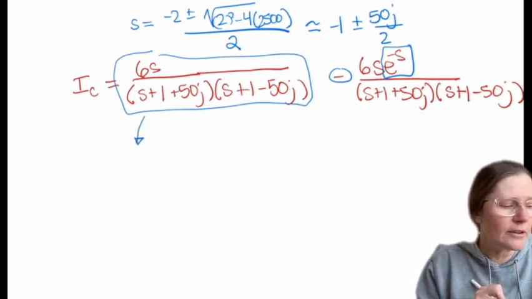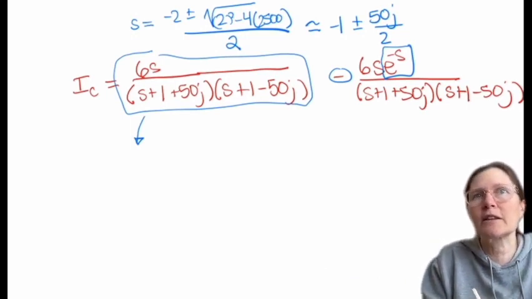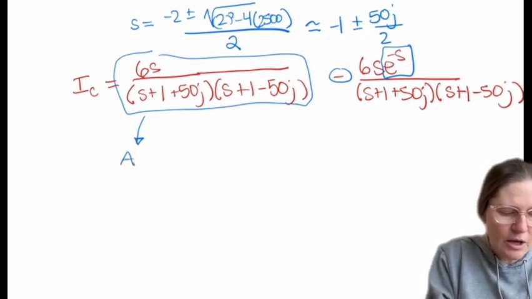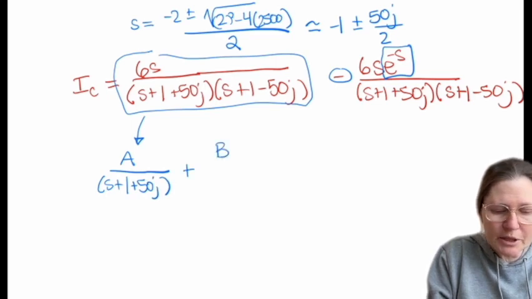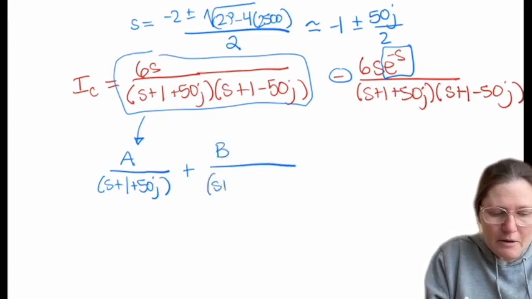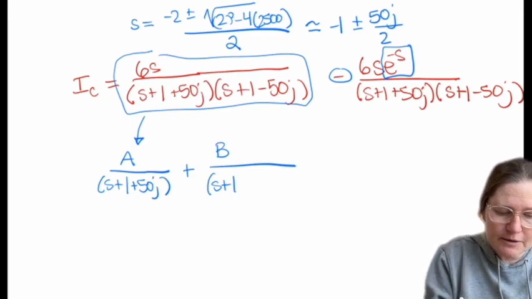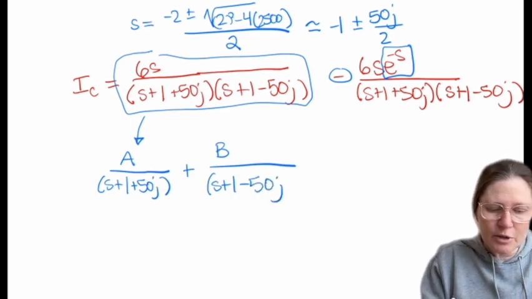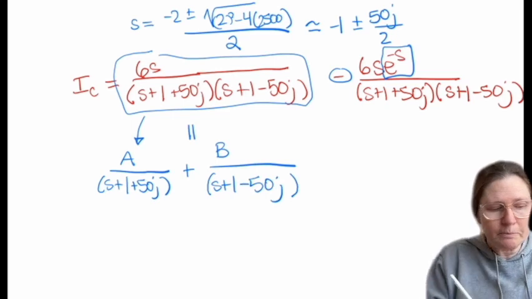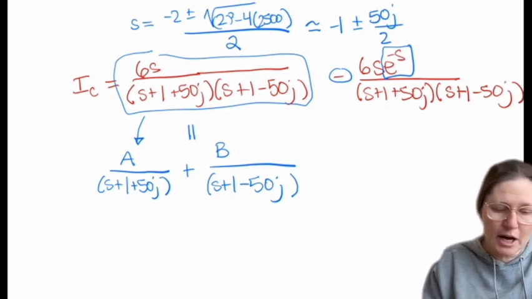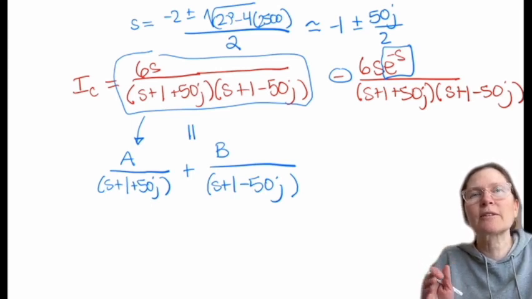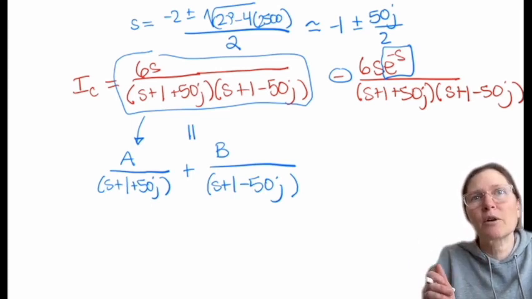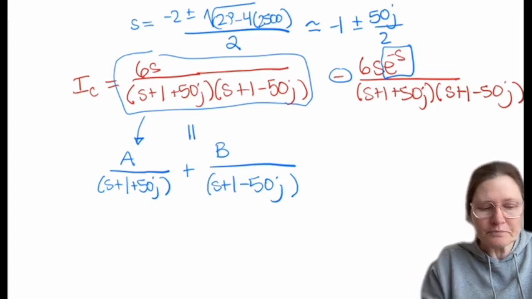We can say this is equal to some number A over the first quantity of the fraction, plus B over the second, s plus 1 minus 50j. We say those two are equal and then we want to solve for A and B. We're going to multiply both sides to get rid of one of these quantities, A or B.